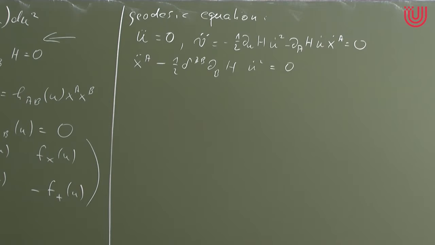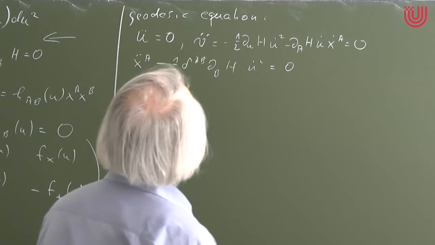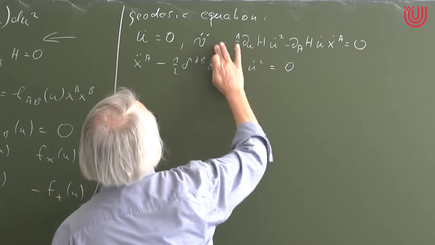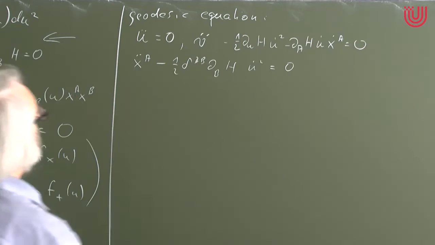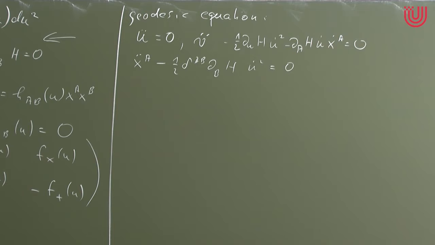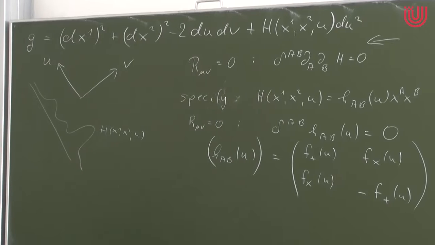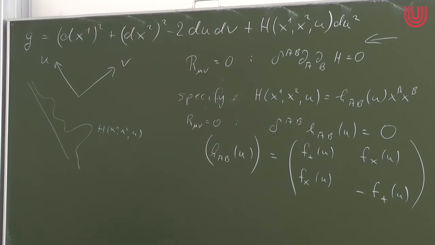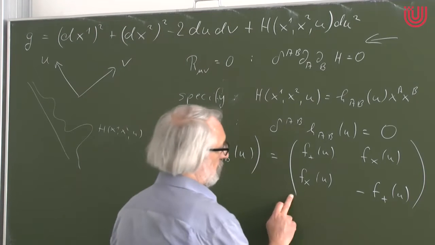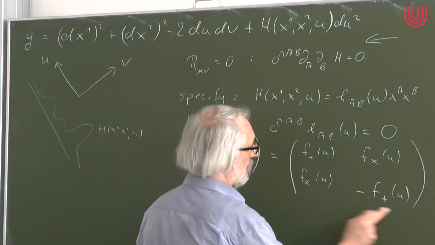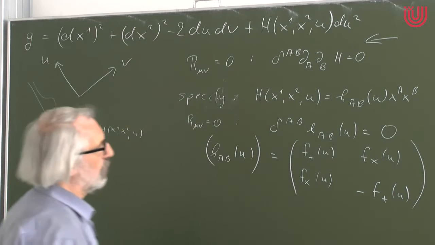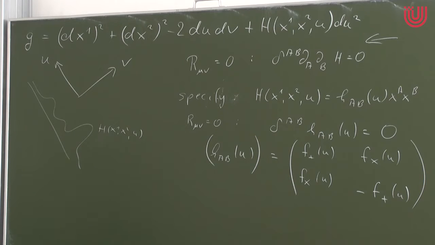So I put everything to the left-hand side. Okay, and now we can specify this to the more specific form, and then we can discuss a little bit the focusing properties. And here we can investigate the question to what extent the behavior of this wave, the effect on geodesics, is similar to what we have studied in the linearized theory.